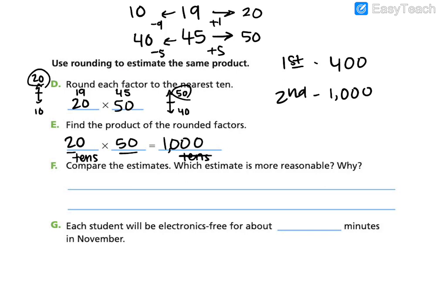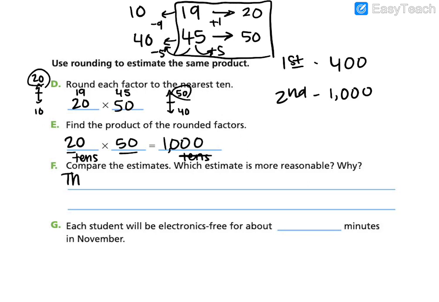When we rounded up, these numbers were closer to the original factors, right? When we did 45, it's going 5 in each way, right? So both of those are pretty close estimates. But if you look at the difference with 19, 10 is 9 less than 19, whereas 20 is only 1 more. So we know if we're only rounding by 1, our factor is only increasing 1, that estimate is going to be pretty close. So which estimate is more reasonable?